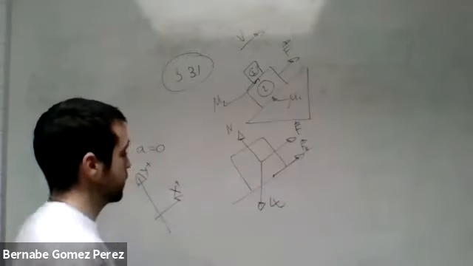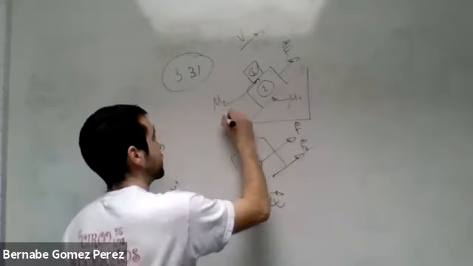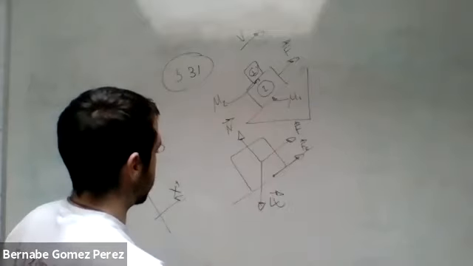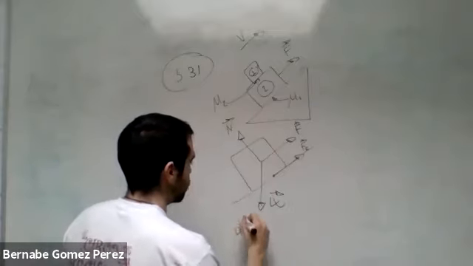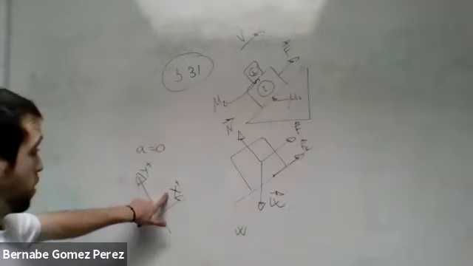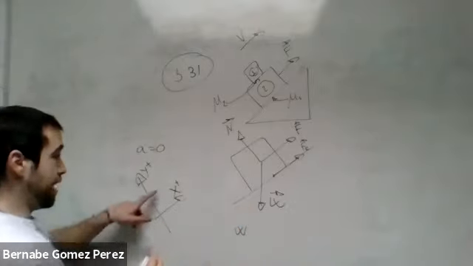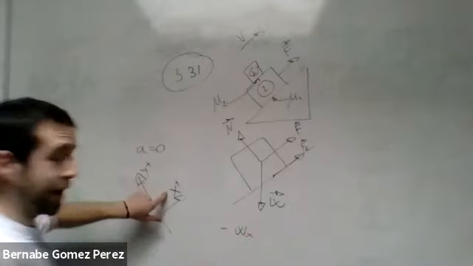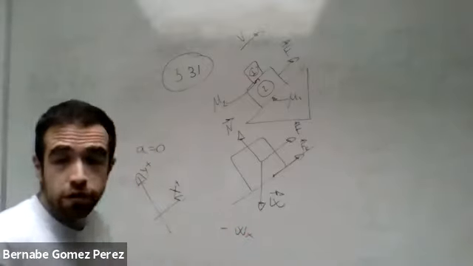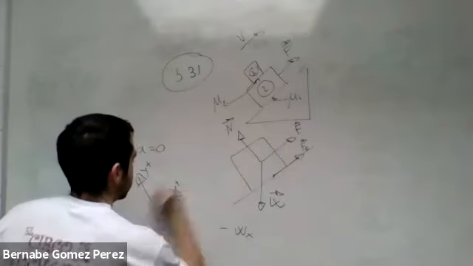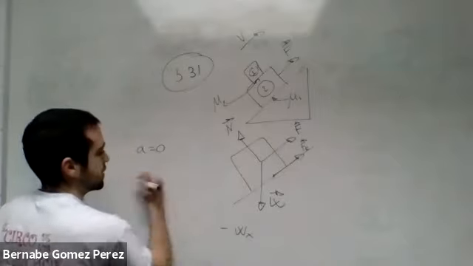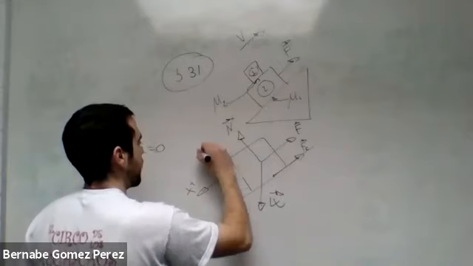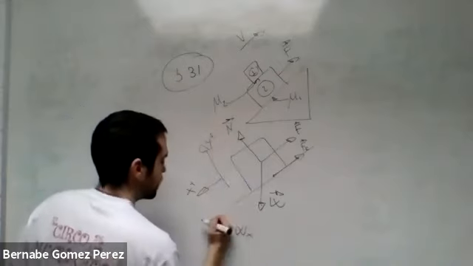Everything is vectorial, okay? Let's make our lives easier. Let's say that the positive x is downwards and the positive y is upwards.